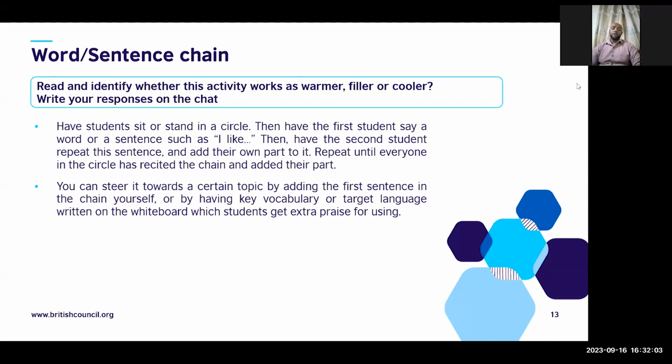So, for example, the topic might be about nationality. Let's say you can say, I like Ethiopian. So the next student should repeat yours and add one more nationality.